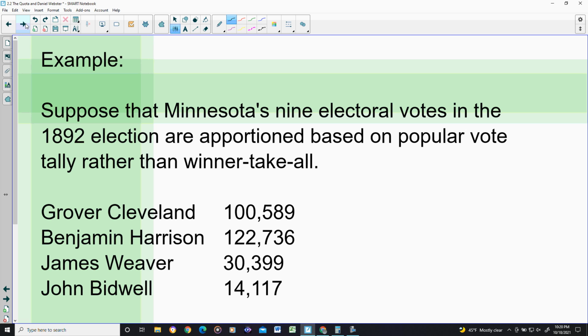Suppose that Minnesota's 9 electoral votes in the 1892 election are apportioned based on popular vote rather than winner take all. This is interesting: apportion the electoral votes in each state.